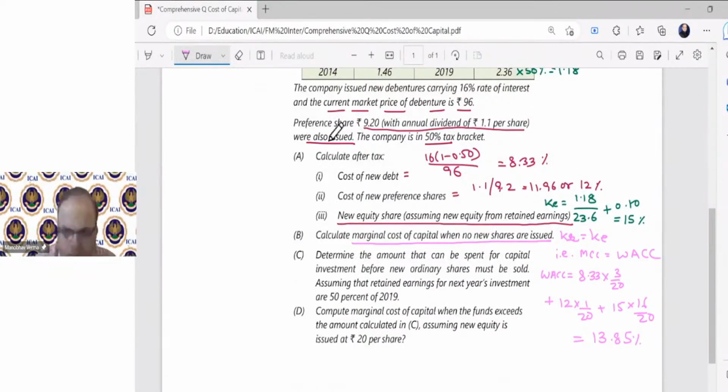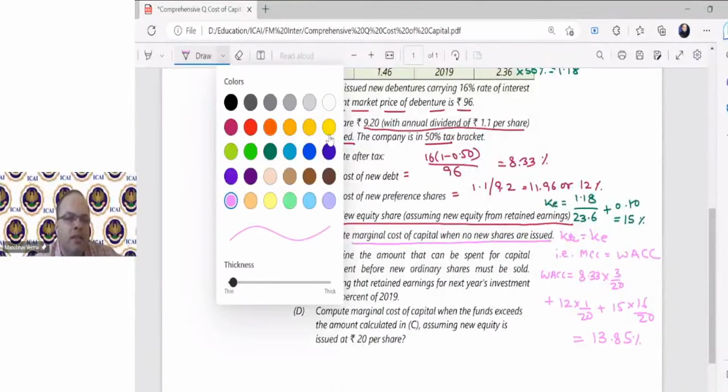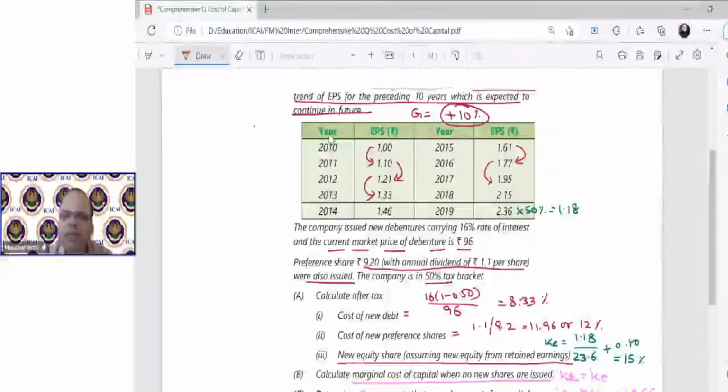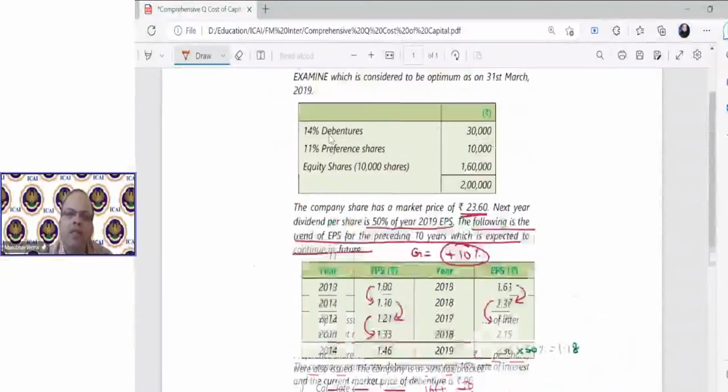Great. Now look at the third point, guys. Question number C. Determine the amount that can be spent for capital investment before new shares must be sold, assuming that retained earnings for the next year's investment are 50% of 2019. Wow. So what is the 2019 retained earnings?